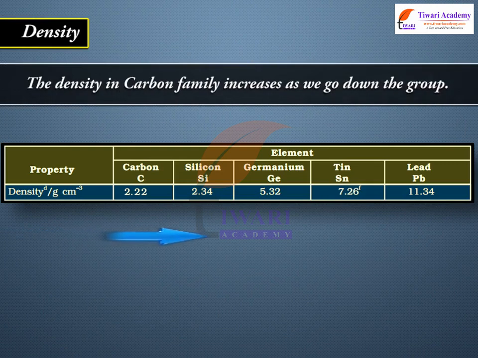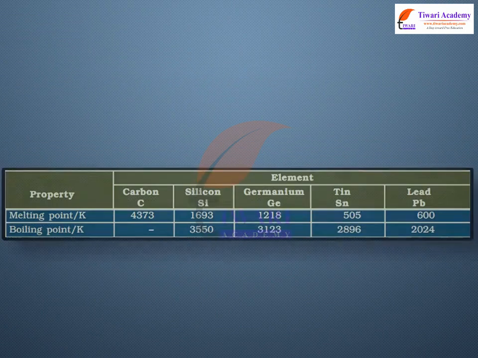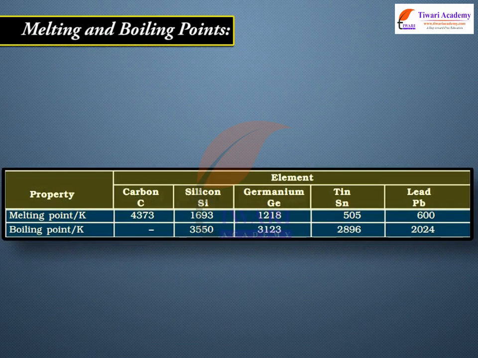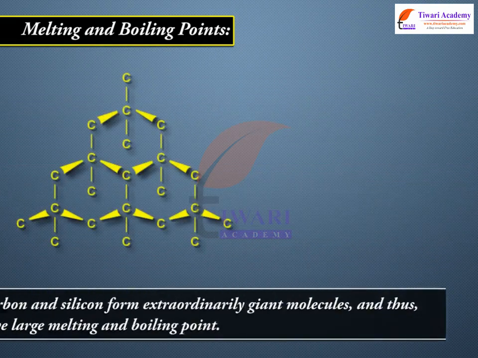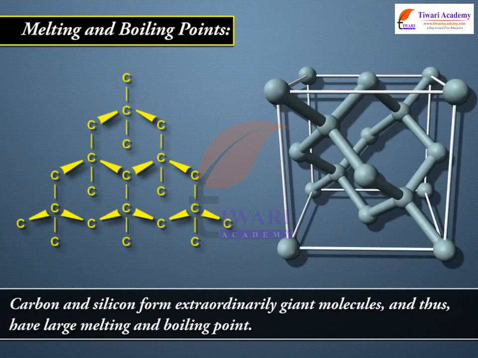The density in carbon family increases as we go down the group. Melting and boiling points. Melting and boiling points show a downward trend as we move down the group, though a little haphazardly. Carbon and silicon form extraordinarily giant molecules and thus have large melting and boiling points.